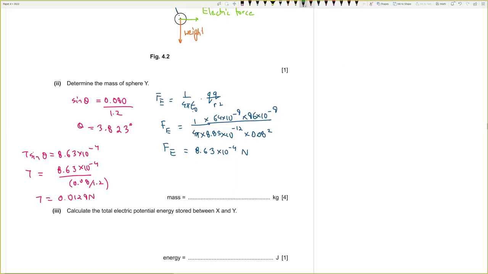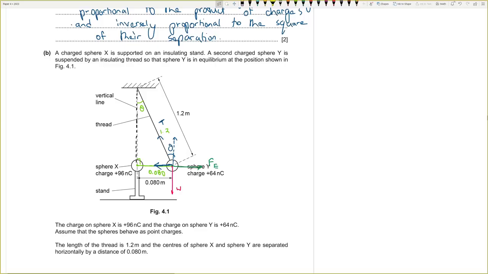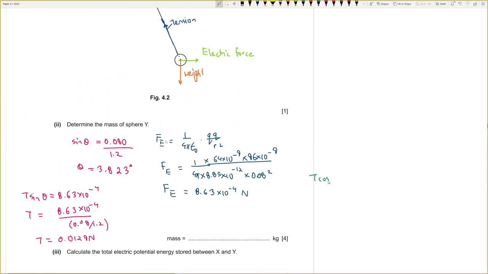Now what's the final step? We know that weight will be balanced out by the vertical component of tension, T cos theta. So I can write that T cos theta is equal to weight, or T cos theta is equal to mg, or m is equal to T cos theta by 9.81, which is m is equal to 0.0129 times cos 3.82 divided by 9.81.